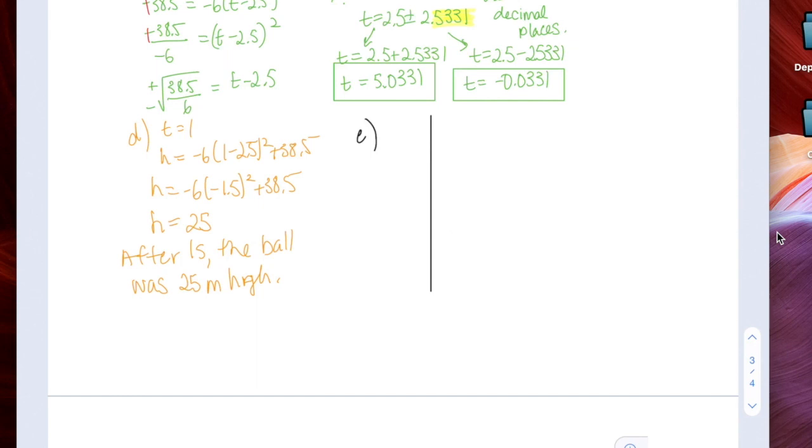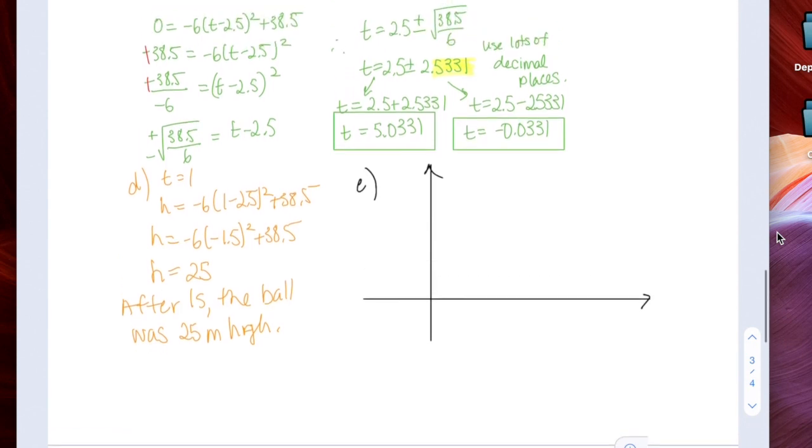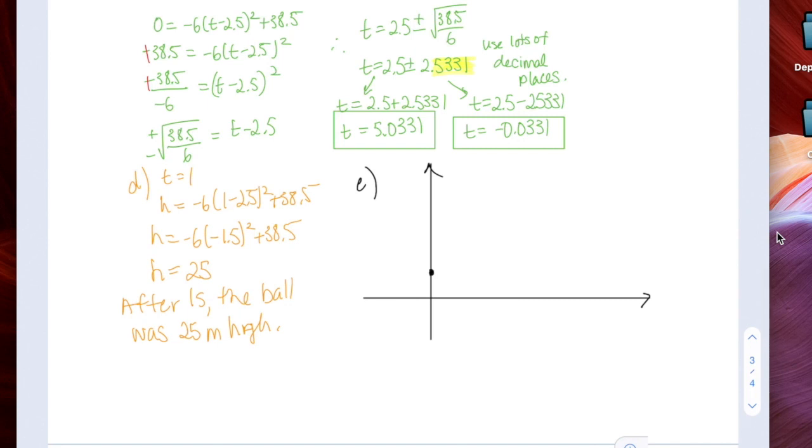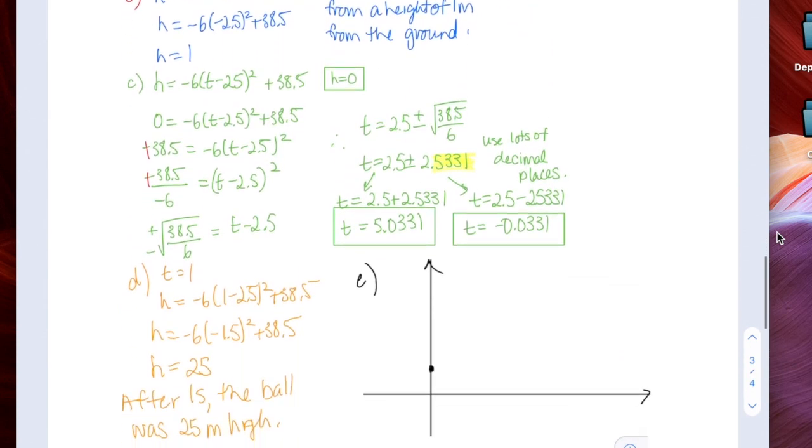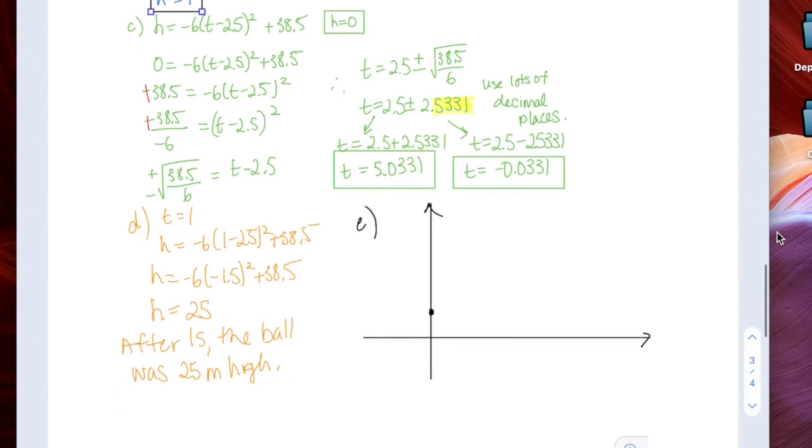I'm not actually looking for the transformations of my 5 important points. Instead, I'm looking for intercepts. So let's plot them. We know that our y-intercept, which we found in part B, or our h-intercept, sorry, is 1. So we have 0, 1.